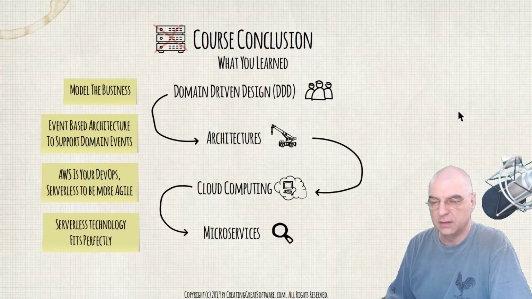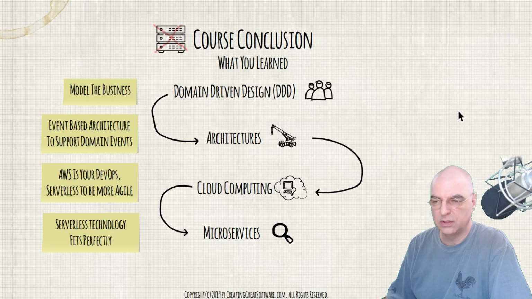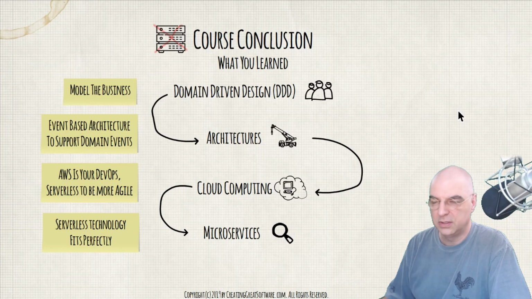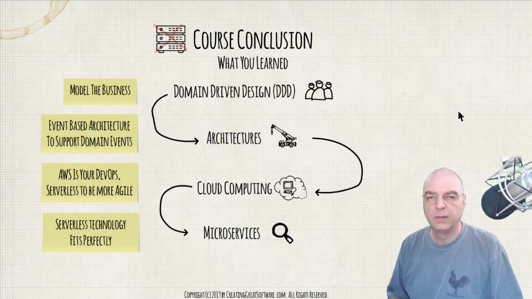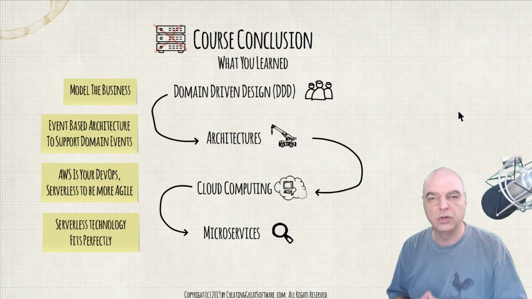Next, we looked at microservices. Microservices and serverless technology fit perfectly together because, like we learned from domain-driven design, when you concentrate on different contexts that make up the entire business, the microservices themselves enforce physical boundaries on these bounded contexts.